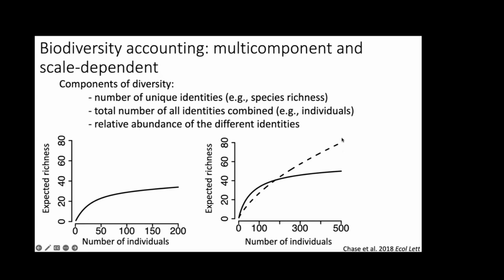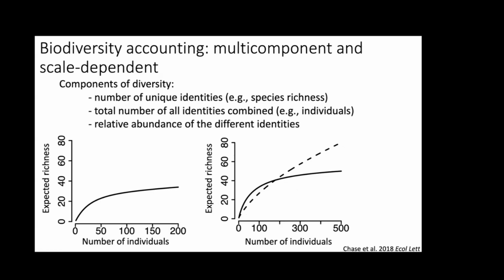I'm going to call them individuals. But the different patterns of relative abundance in these two communities, the dashed line has many, many more common species than the solid line, results in different numbers of total richness, or the number of unique identities that we read on the y-axis.